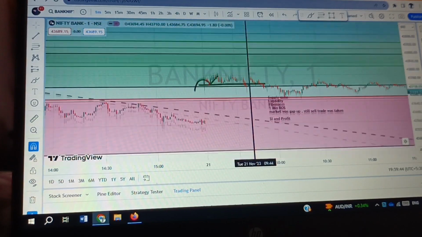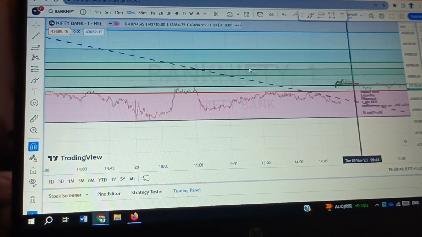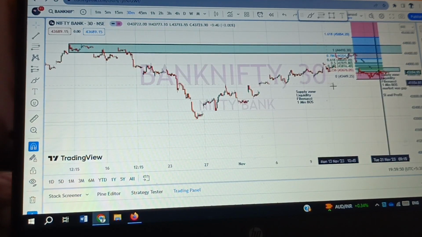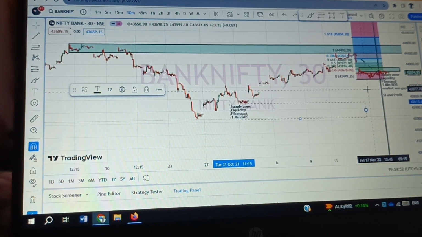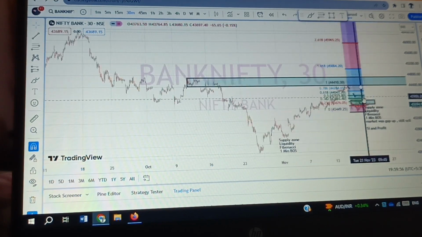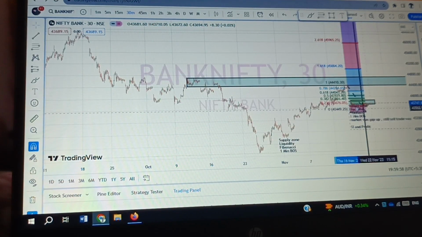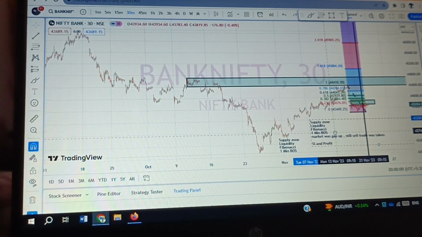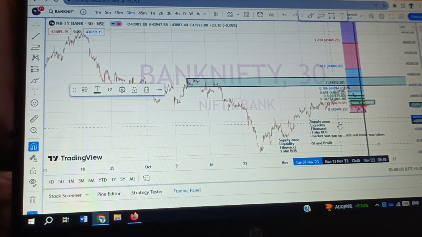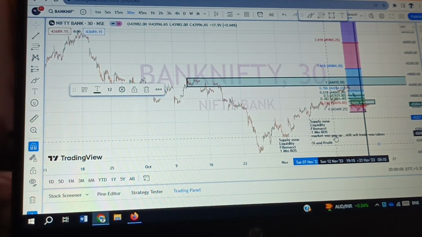One was the supply zone, where the price was facing rejection continuously. Second was the liquidity, that the price came up to grab the liquidity at the higher levels. Third was the Fibonacci level at 38.2 percent. Another was the 1 minute break of structure. And profit and stop loss were always fixed before taking a trade.